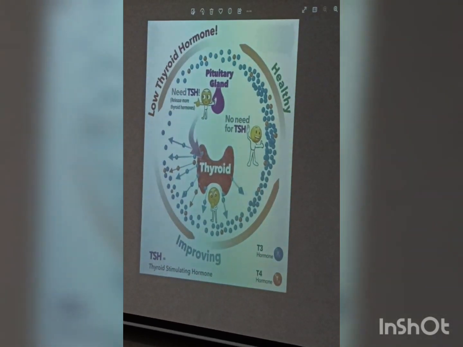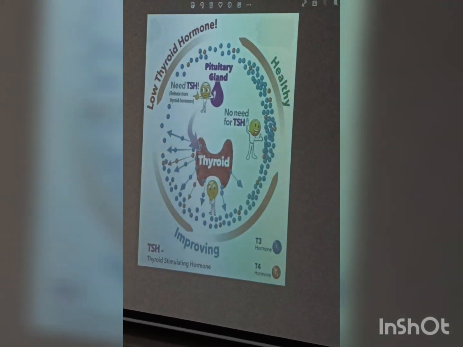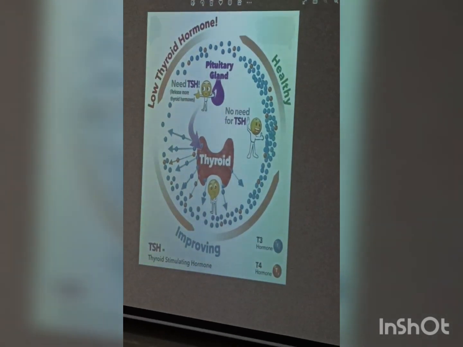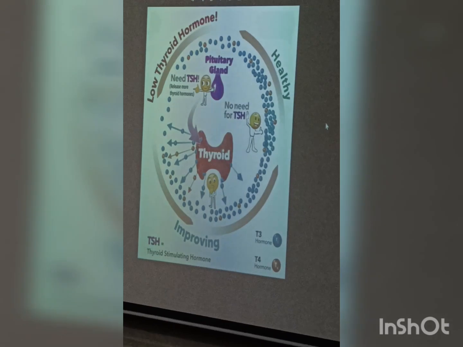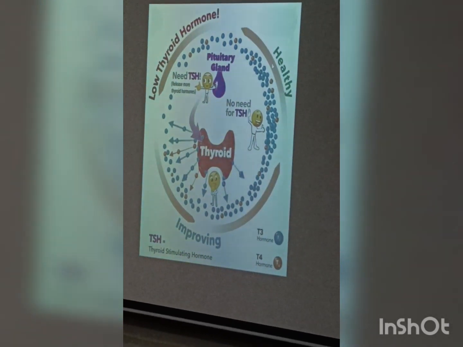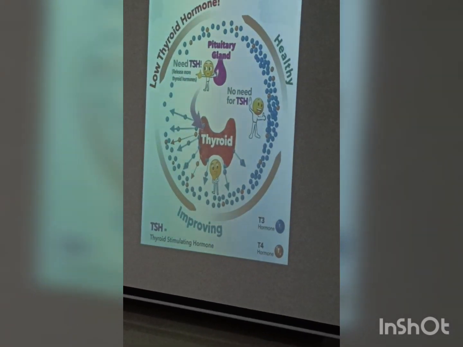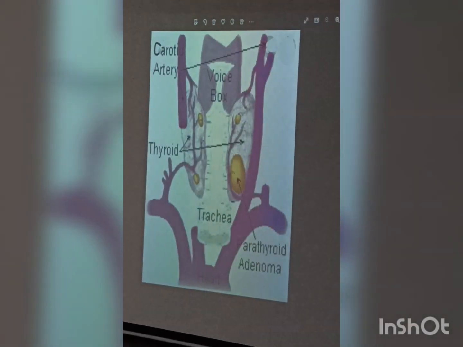A person is in need of TSH, that signal finally reaches your thyroid, and the level of T3 and T4 increases, and the body is working healthy. Then it gives a negative feedback mechanism: don't secrete TSH now, we have enough.